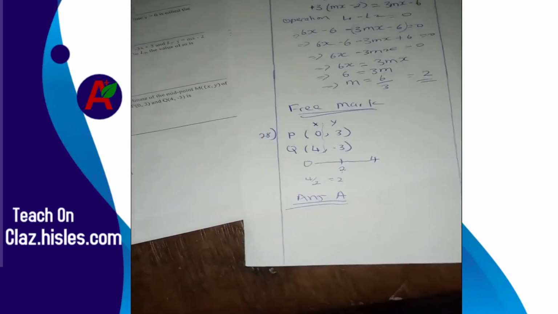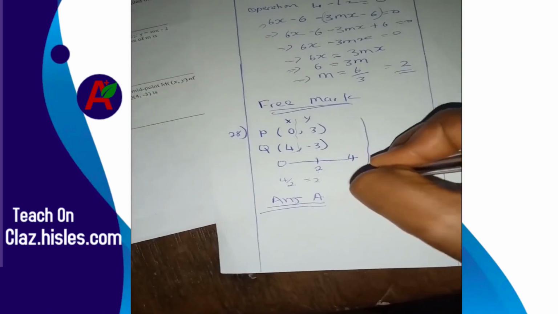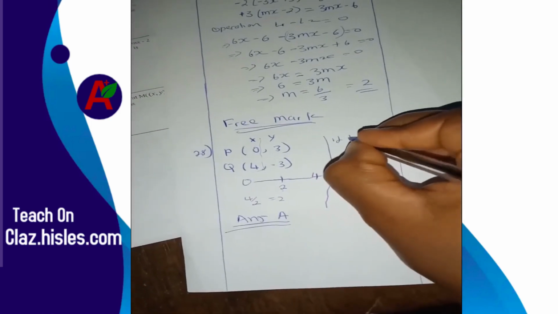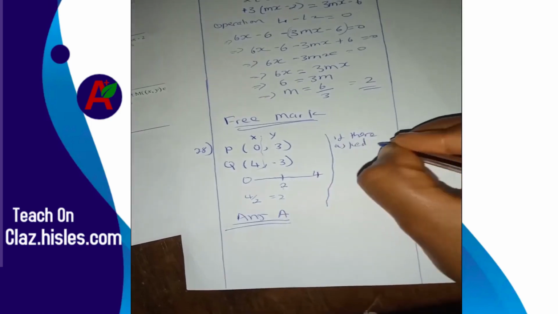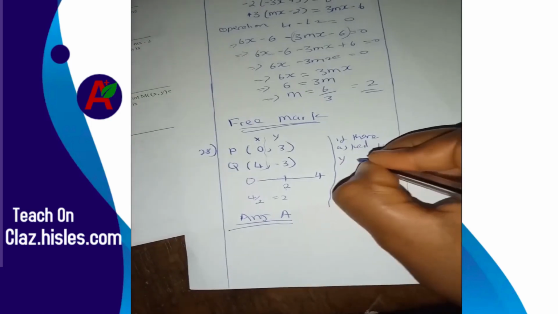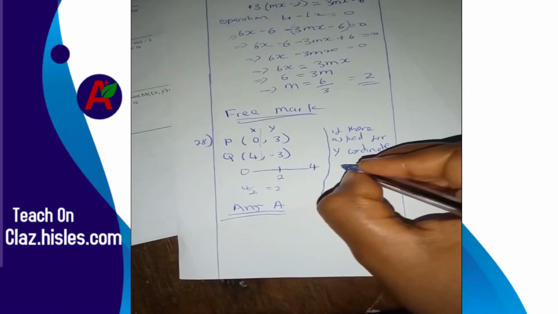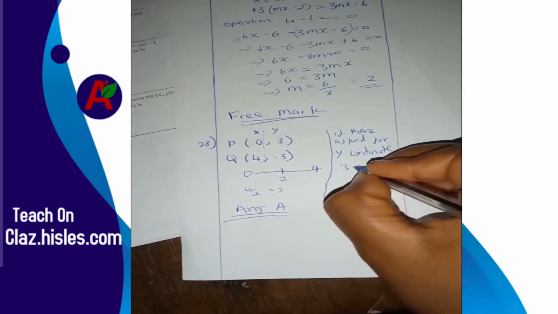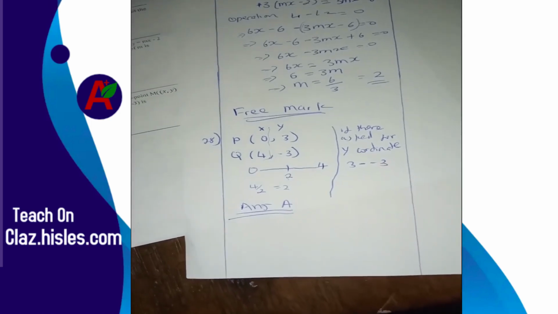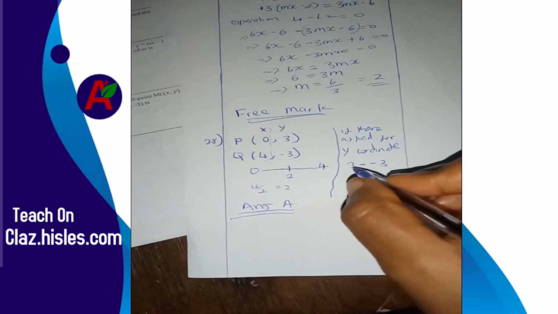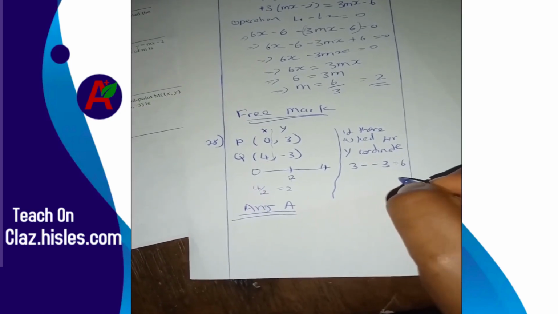If you're asking for the y-coordinate, we would have had 3 minus negative 3, which turns to a positive value, this will be 6, and for the midpoint we divide by 2, and this would have given us 3.